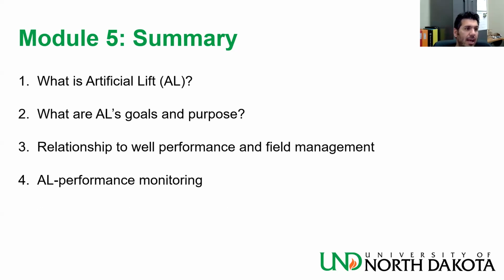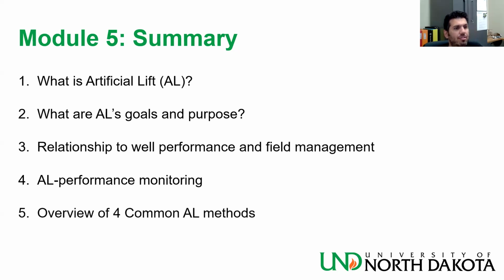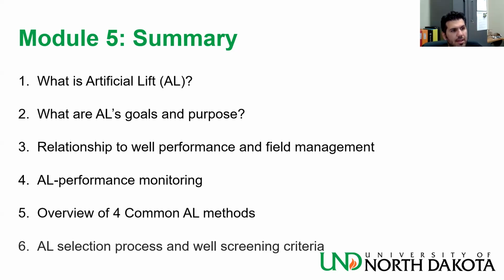We talked about artificial lift performance monitoring, and we overviewed 4 common artificial lift methods. And then finally, we talked about artificial lift selection process and well screening criteria. And this is the end of the material for this class.